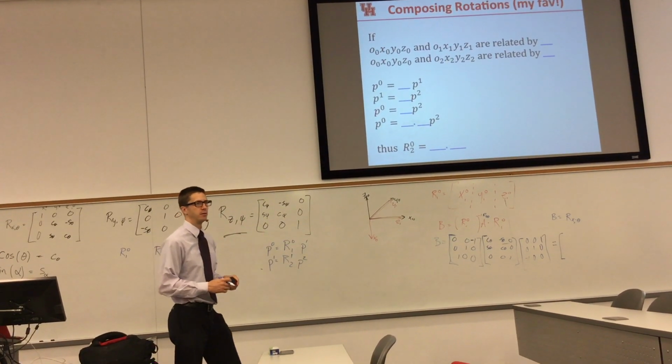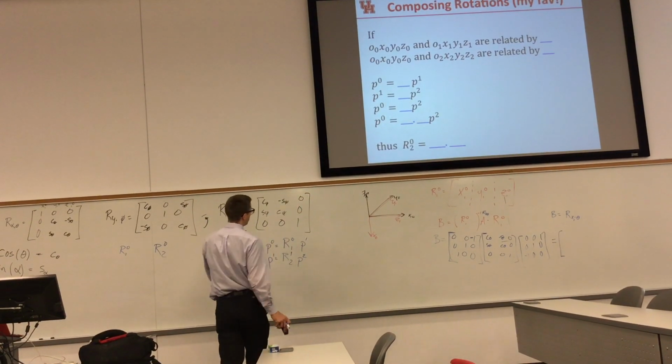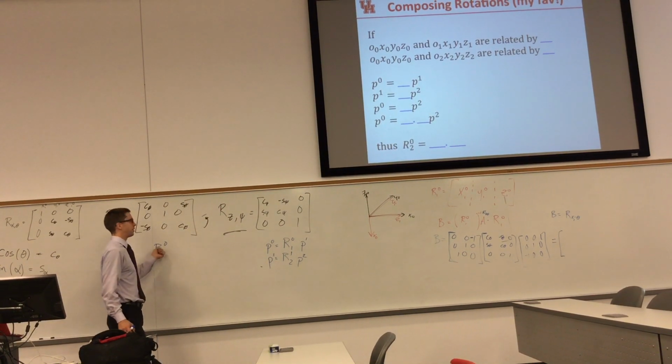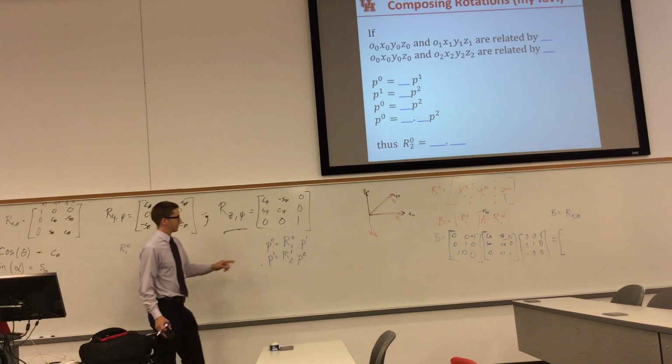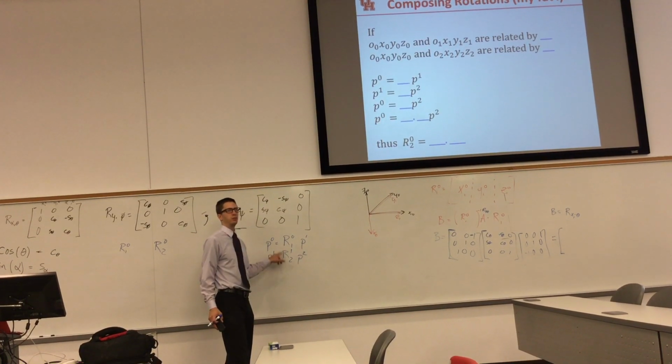Well, isn't that what you're trying to prove eventually? What I'm finding here is, let's say that I've been given R01 and R02. The relationship between these is some unknown matrix R2 in 1.